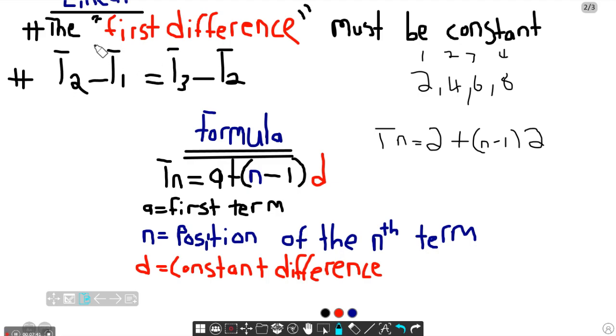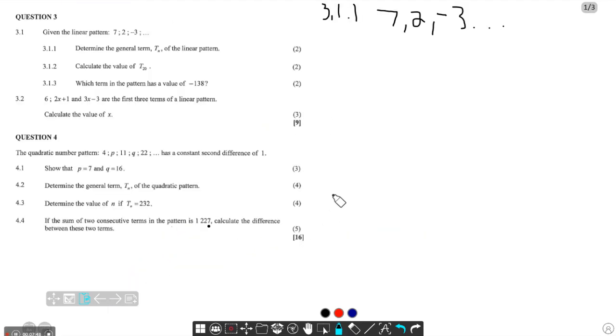Like as we did here, you need to make sure that the first difference must be constant. That's the first thing that you need to check. So we're going to come here to our first difference. We're trying to see whether our first difference is constant, right?